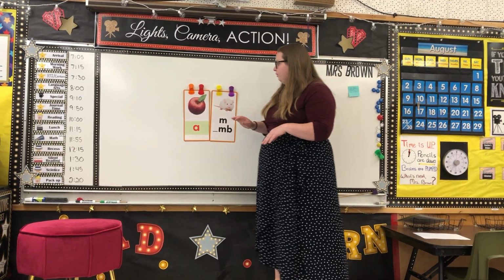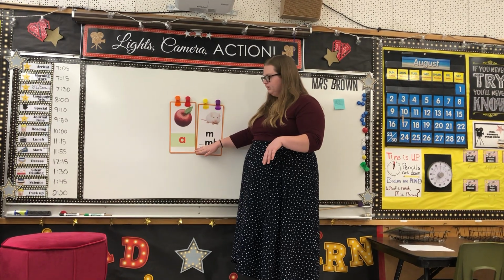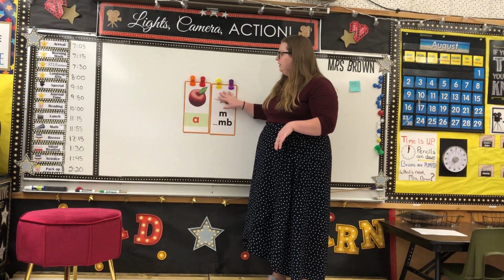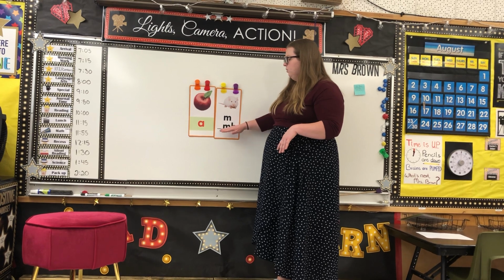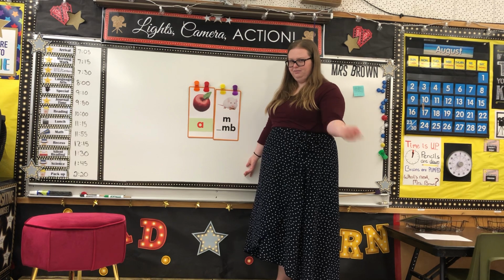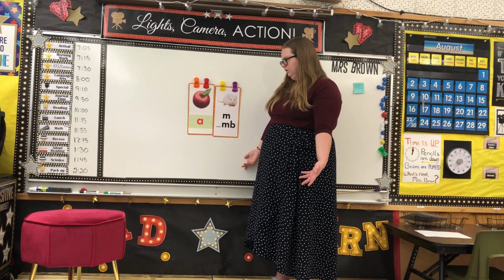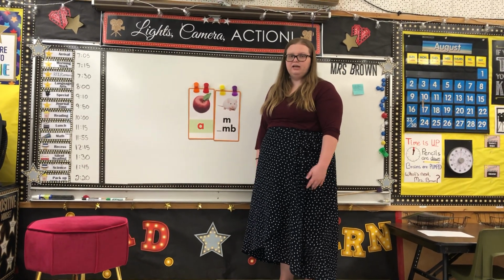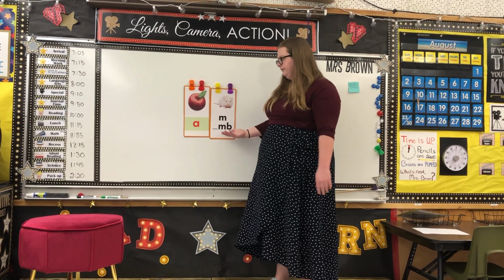So now what we're going to do is I'm going to look down here at the space, MB. I know that's a little confusing, and we're going to focus on that a little bit more later in the year too, but I wanted to address why we have MB on the card for mouse, because when I look at the picture of a mouse, I don't hear a B sound for the letter B. So why is that there?